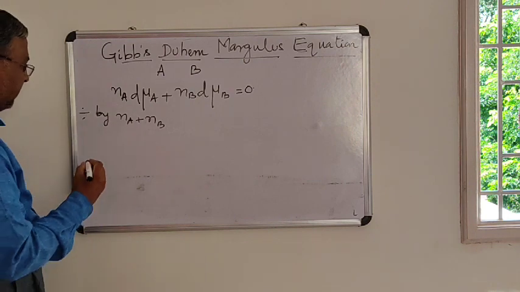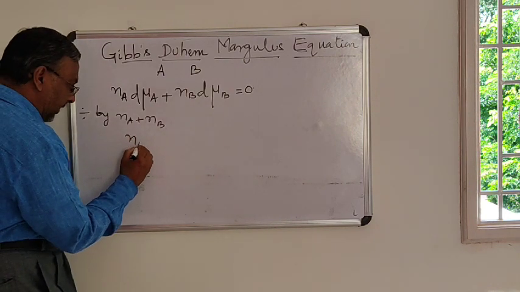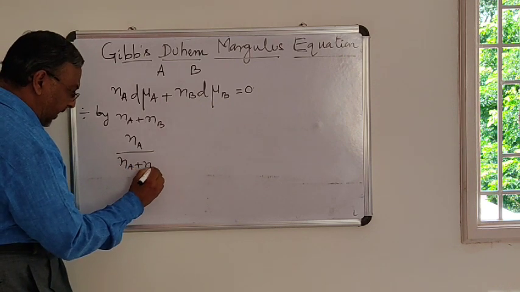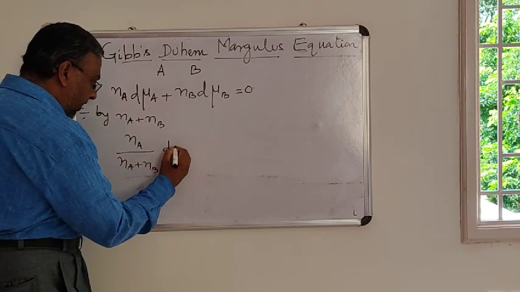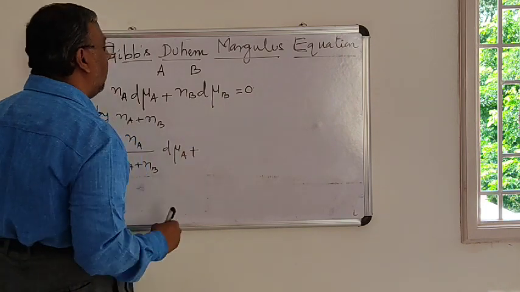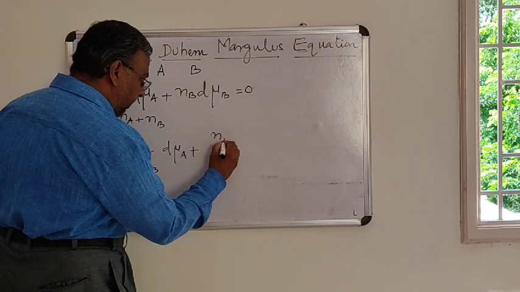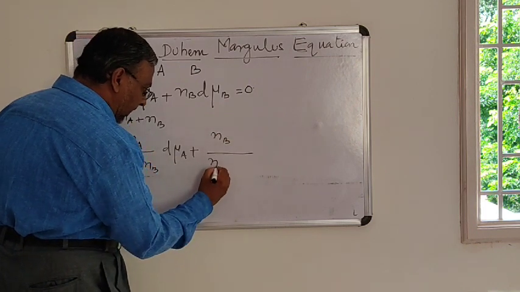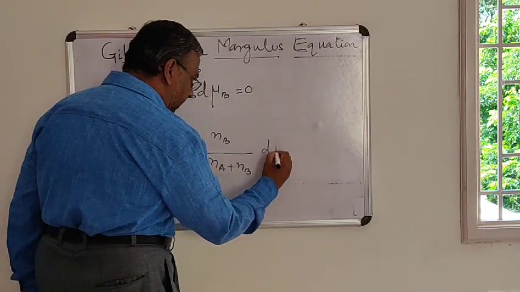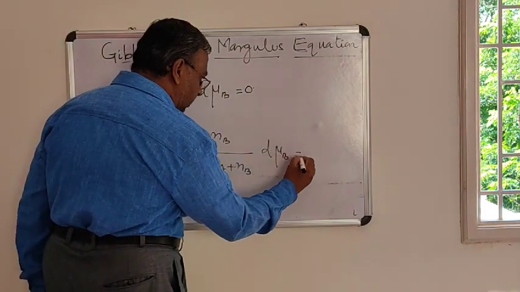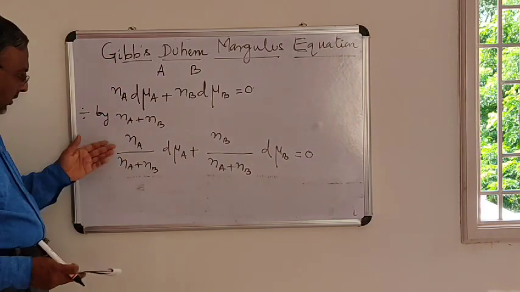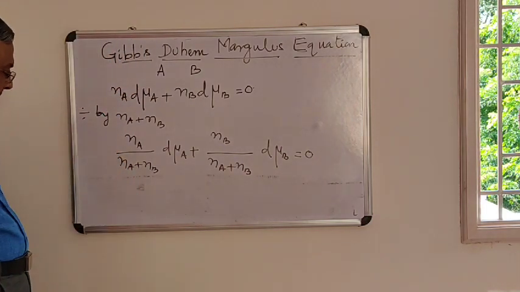Then I can write this equation as Na divided by Na plus Nb into d mu A plus Nb divided by Na plus Nb into d mu B equal to 0. This you know already. What is this?